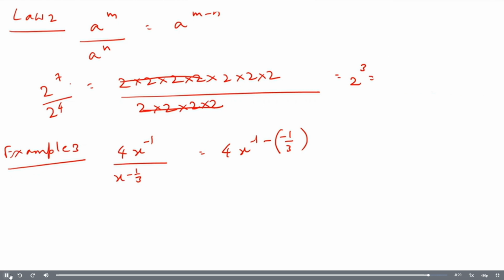Minus of minus 1 by 3 in the power, which is equal to 4x to the power minus 1 minus 3 plus 1 by 3, which is 4x to the power minus 2 by 3, which is equal to 4 by x to the power 2 by 3.